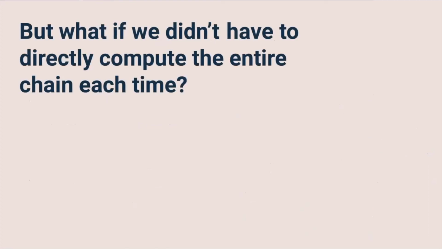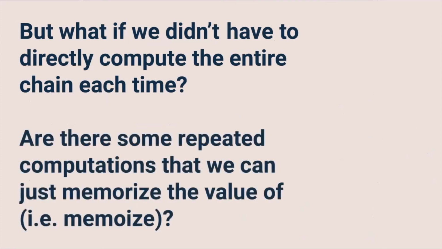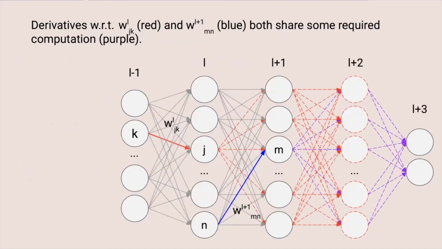And so we could ask the question, computing the chain rule every time for each parameter seems like it'll take a very long time. And maybe there are some smarter ways that we can do this so that we can save some computation time. And so the third insight that leads to backprop is that if you look at the partial derivative with respect to these two different weights, right?